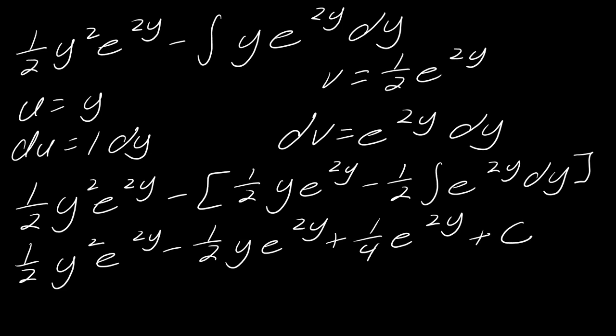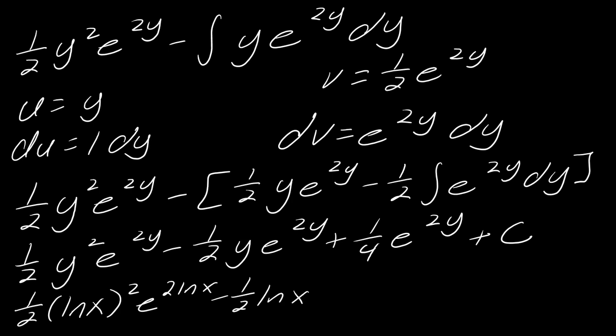And now you remember what y actually equaled? 1/2 natural log of x squared e to the 2 natural log of x, minus 1/2 natural log of x e to the 2 natural log of x, plus 1/4 e to the 2 natural log of x, plus c.